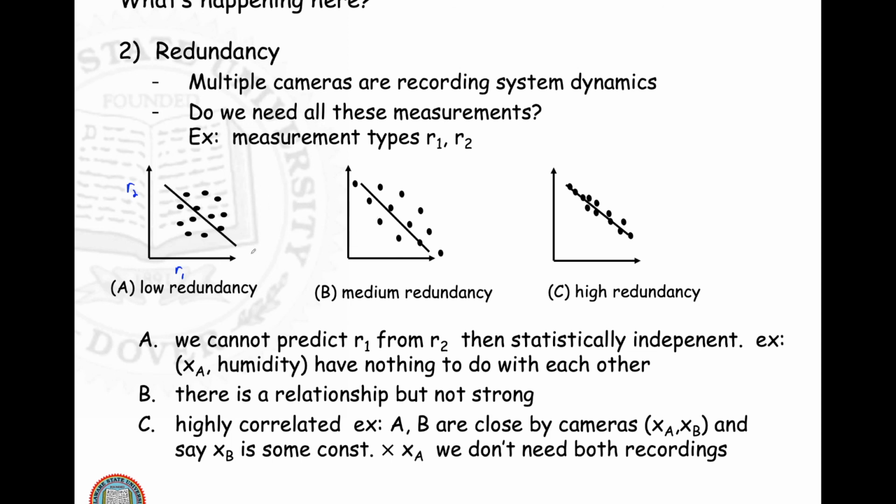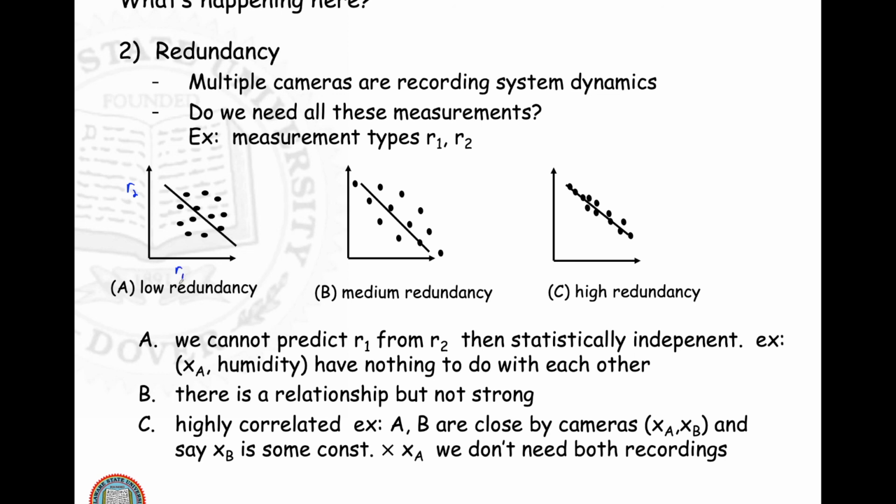And so if we look at this setup here, we have three different situations. One in frame A for low redundancy, B for medium redundancy, and C for high redundancy. And what redundancy tells us is if we can predict measurement type R1, one of the measurement types, based on the other.